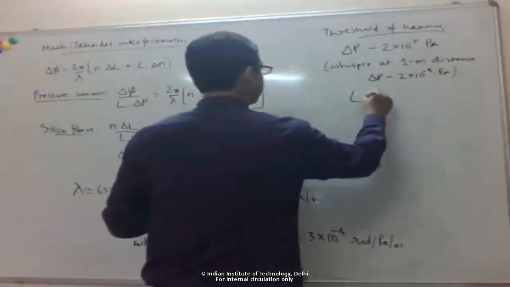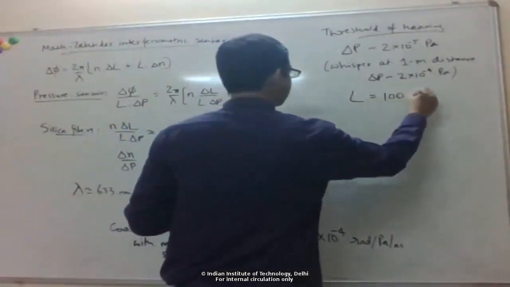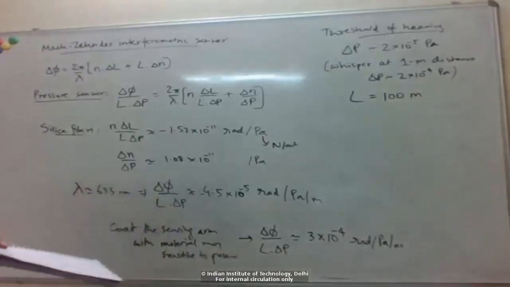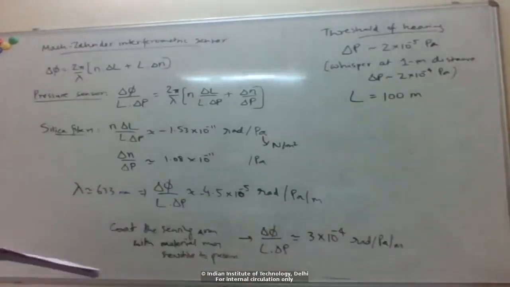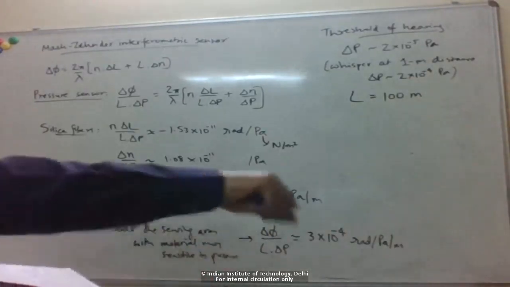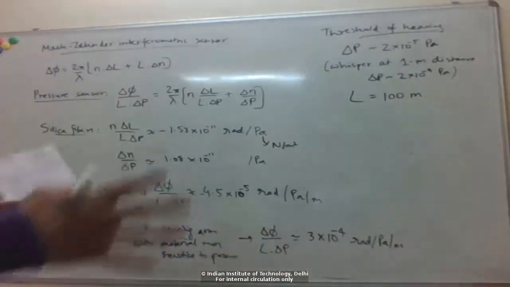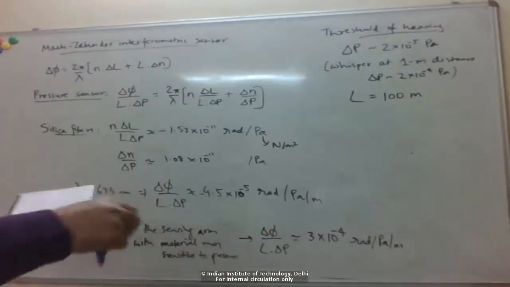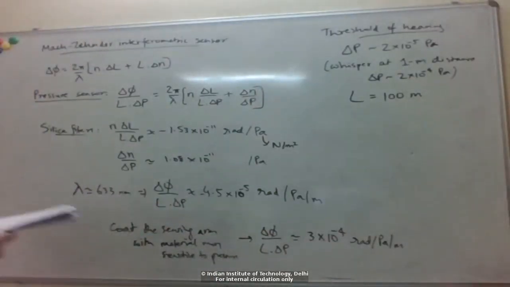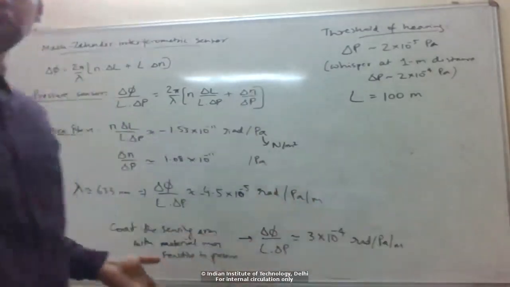Right, so if we take the arm length to be 100 meters, right? With fibers, we can really make the length of the sensing and reference arms really long. We can just wind the fiber around some spool. So the device itself is compact, but we can get very long arm lengths, which is difficult to do, for example, in free space interferometers.